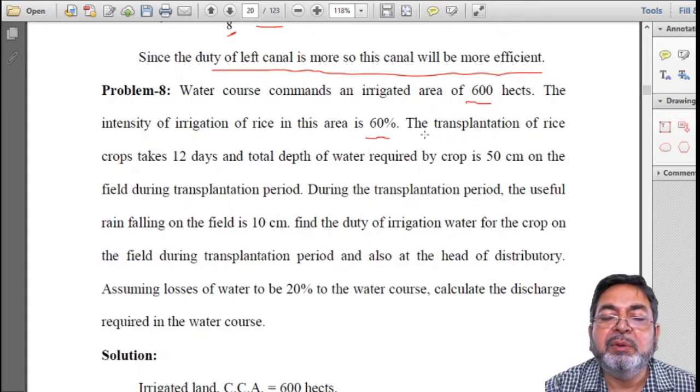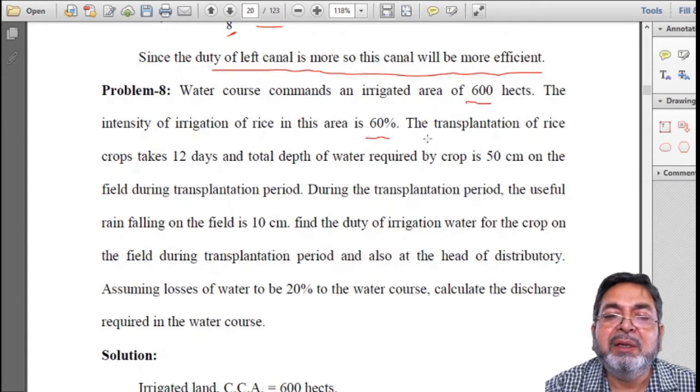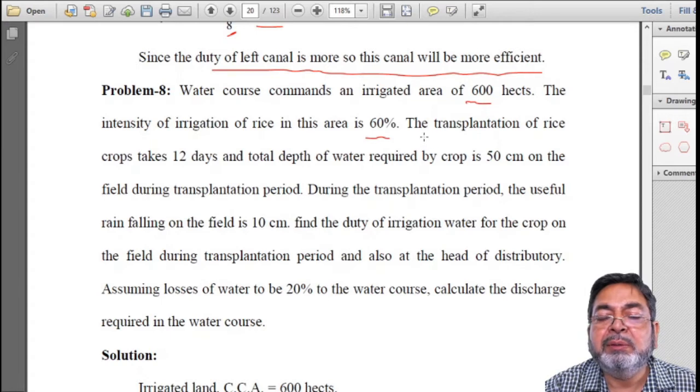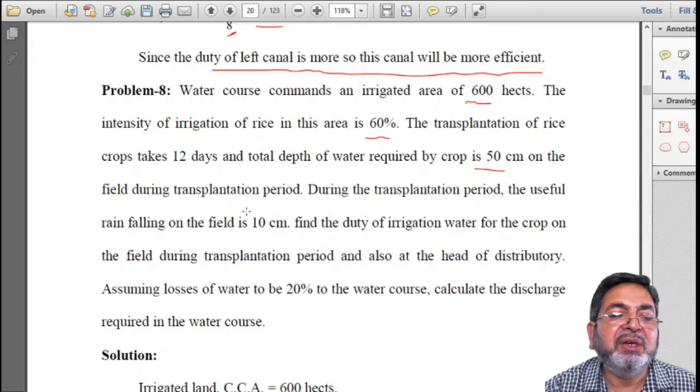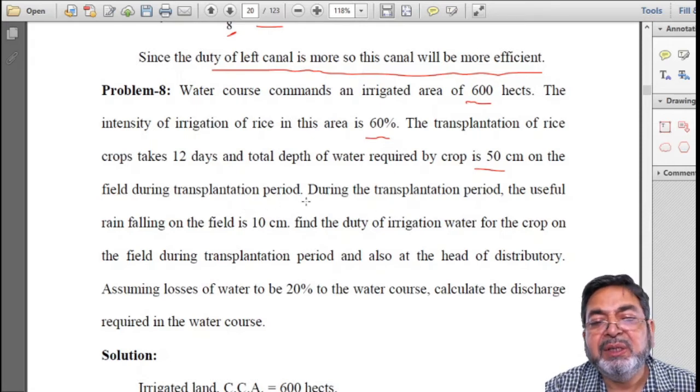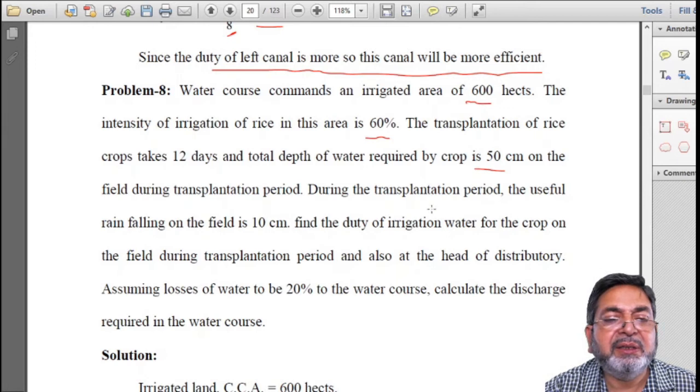Now come to the next line. The transplantation of rice crop takes 12 days, and total depth of water required by crop here is 50 centimeter on the field during the transplantation period. During the transplantation period, the useful rain falling on the field is 10 centimeter.